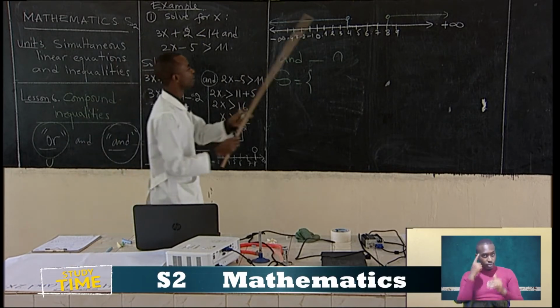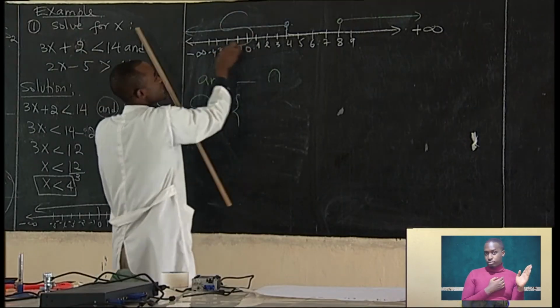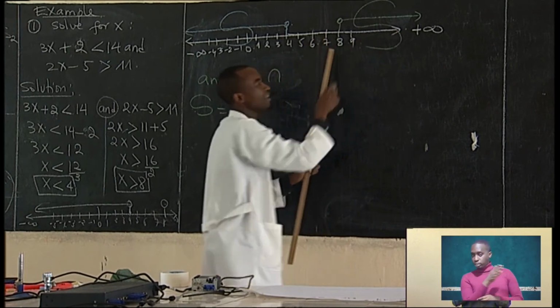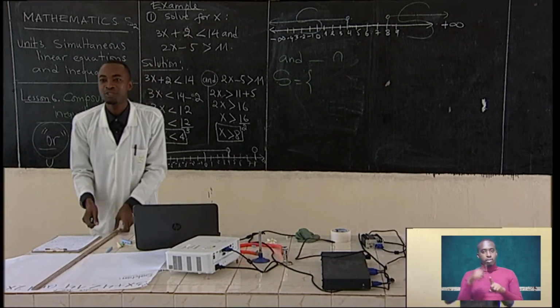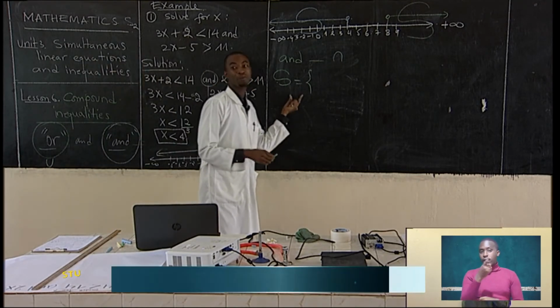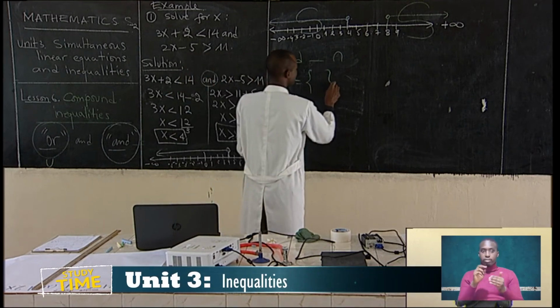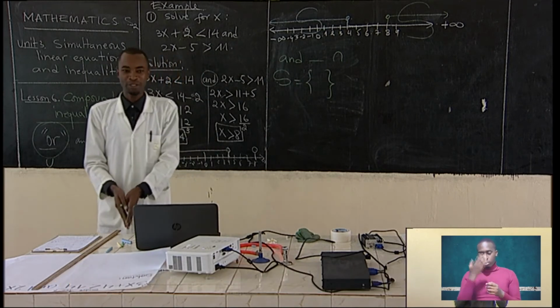For one, the solution is here. The other one, the solution is over here. We don't have numbers in common for these two inequalities. That's why I can say the set of solutions for my two statements of inequality is an empty set, because we don't have any number in common with these two.